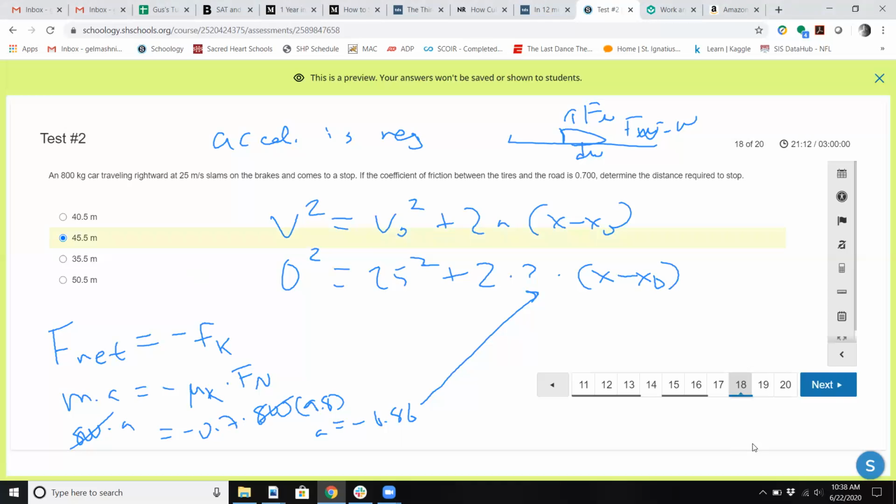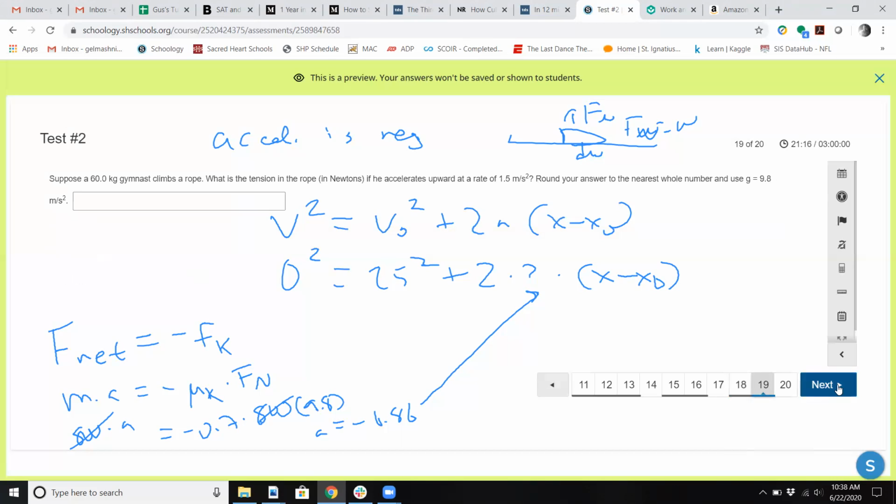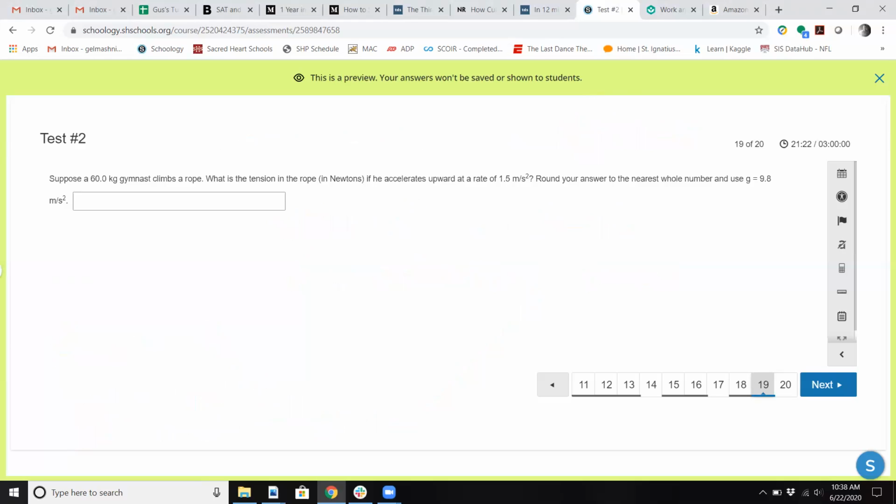That one. 19. They're doing tension. So you have a ceiling, and you have a guy climbing a rope, going upwards. So the tension will be that way, and the weight of the person is that way.